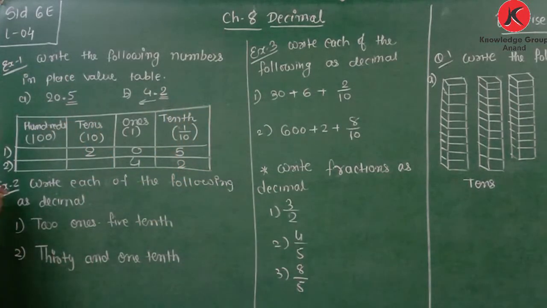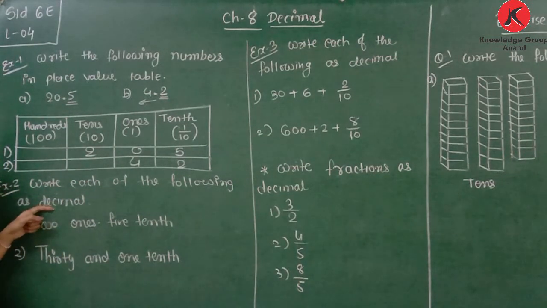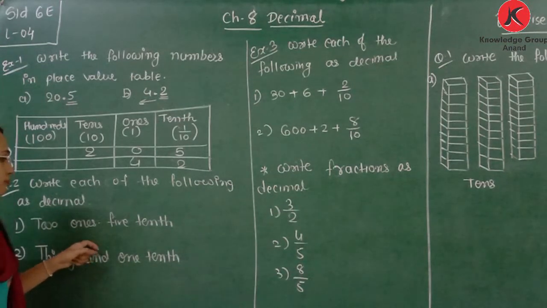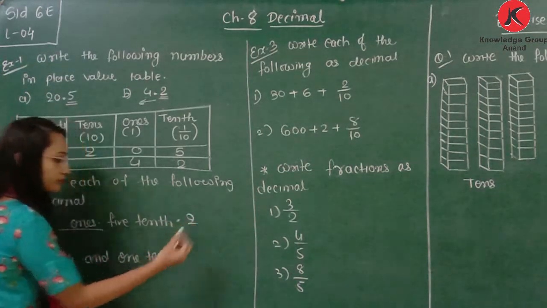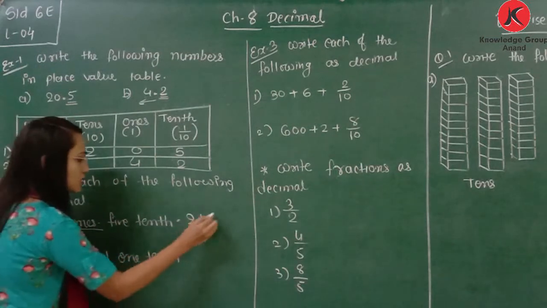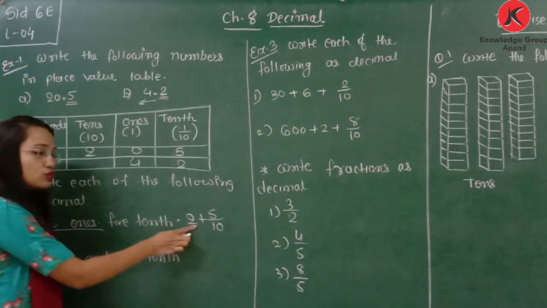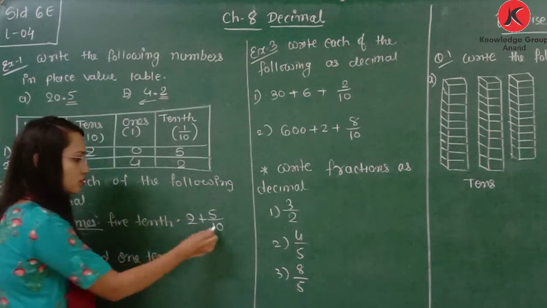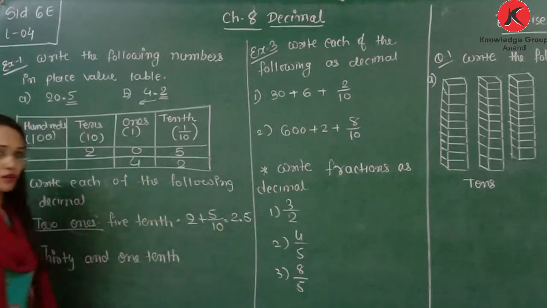Clear? Now next one: write each of the following as a decimal. So number names are given and you need to write the decimal form for this number. Here 2 ones and 5 tenth. 2 ones means it is 2, multiplied with 1 because it is at the 1's place, and 5 tenth means it is 5 by 10, so it is represented as 2.5.